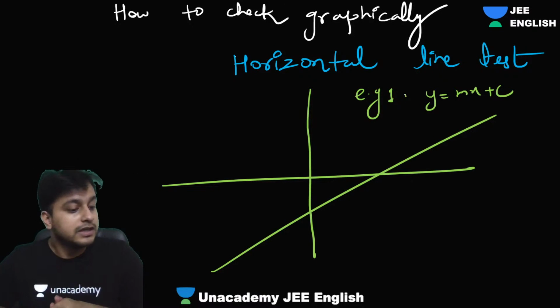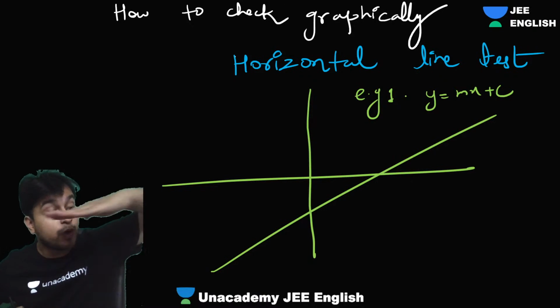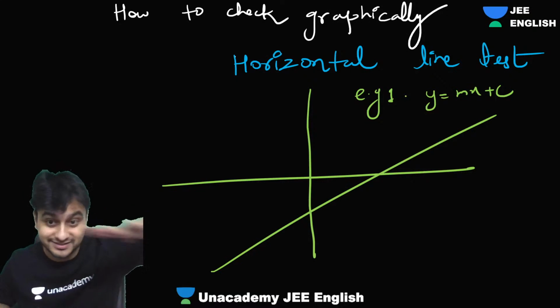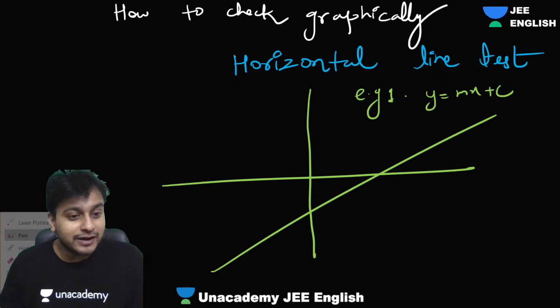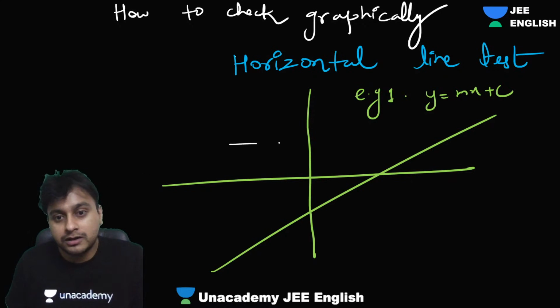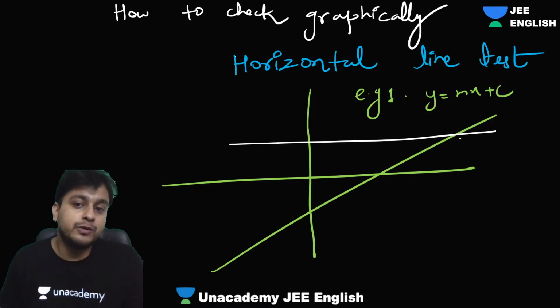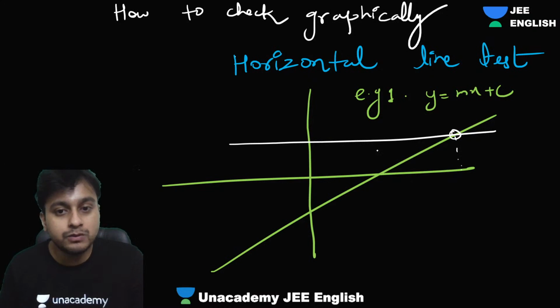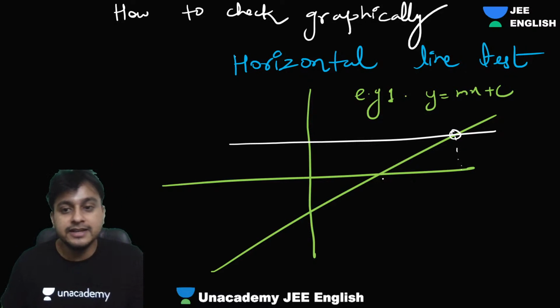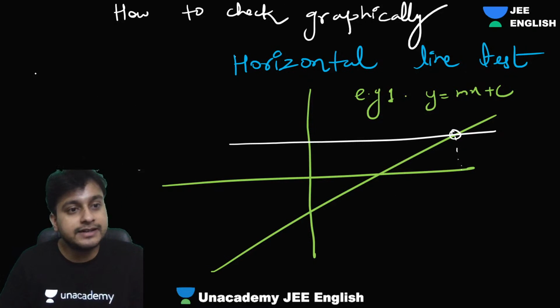So what we will do? Now this time we will check at one y, are we getting one x or not? First of all, it should be a function, no doubt. At one y, if you are getting one x, we'll draw a horizontal line parallel to the x-axis. If it is cutting at one point, that means at one y we are having one x. So what is the test?